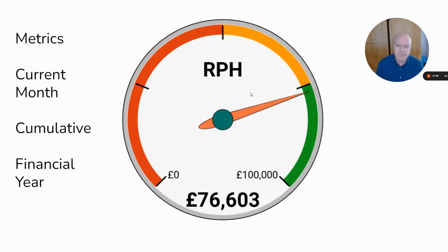Then it gives us a chance to do some metrics. So we can look at this, the current month, revenue per head, RPH. It could be cumulative, for the month, or for the full financial year. Again, the red, the amber and the green will be based on individual targets for the agency.